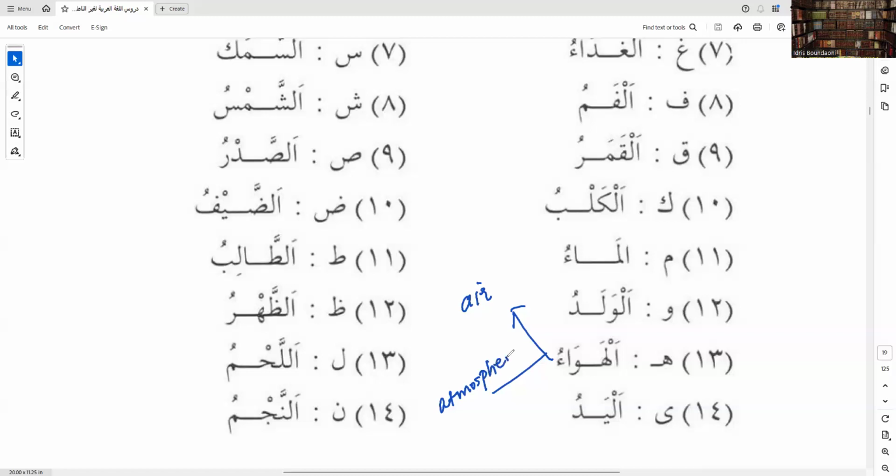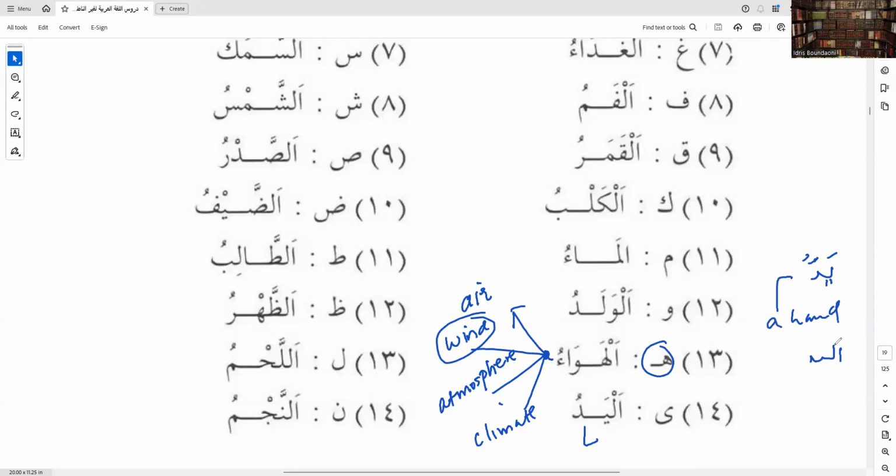So when you encounter hawa later on, it can be the air, and you can also put wind here. Hawa can be the atmosphere, it can be the climate. It's the same word. But here, what interests us is that ha is a letter that belongs to the moon letters. So al-hawa'u, ya, yadu, yadun, a hand.